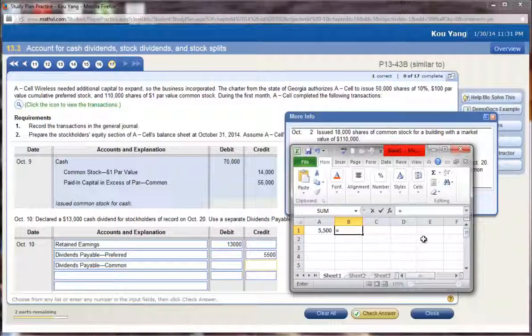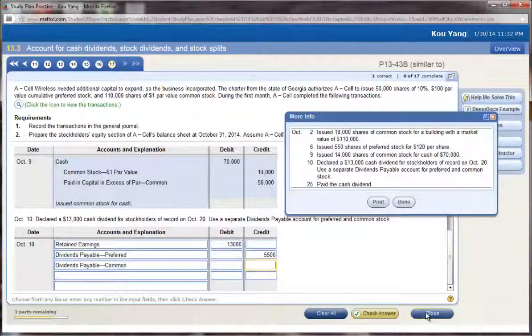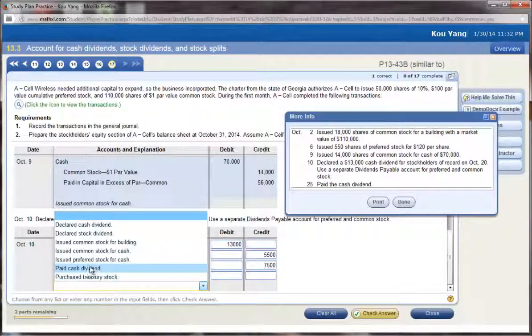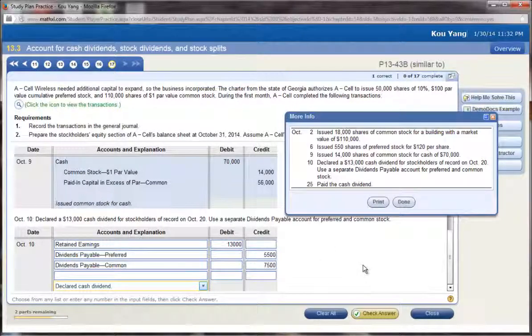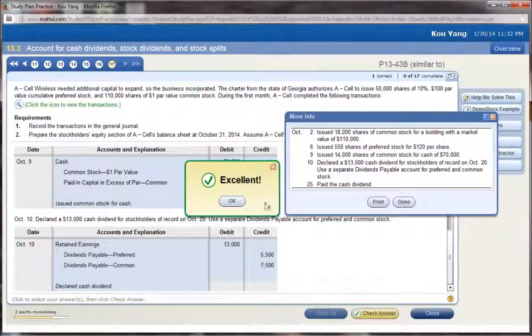So I'm going to take 13,000 because that's the total amount of cash dividends the company is issuing, minus the 5,500 that was allocated to preferred stock, and the rest, which is 7,500, goes to common. And that is my declared cash dividend. And we are good.